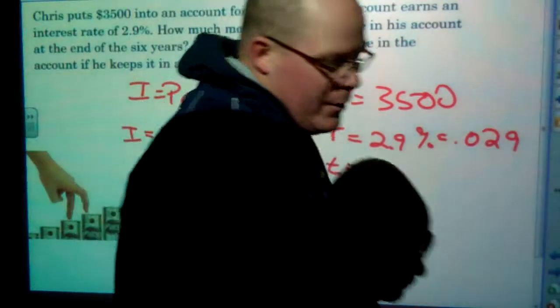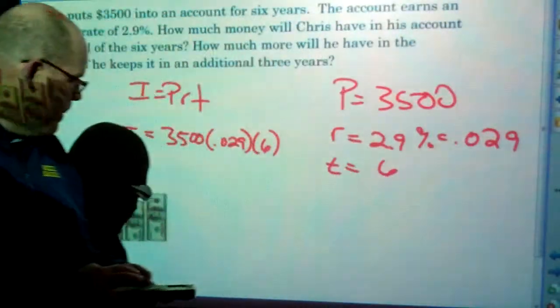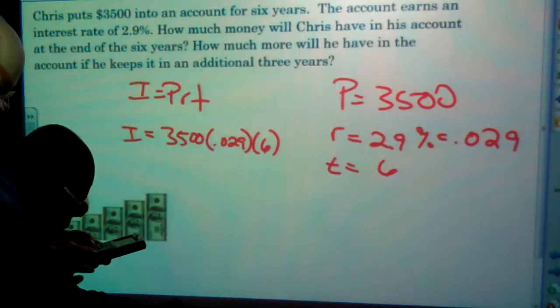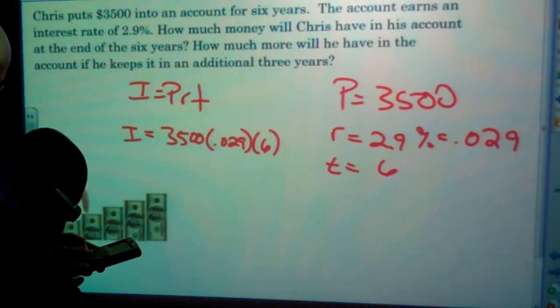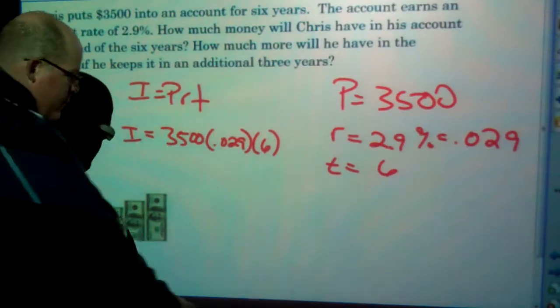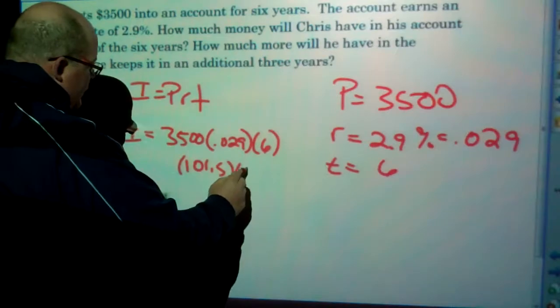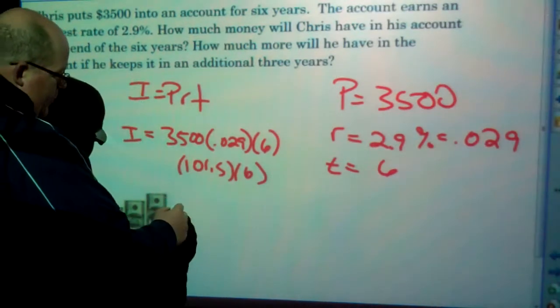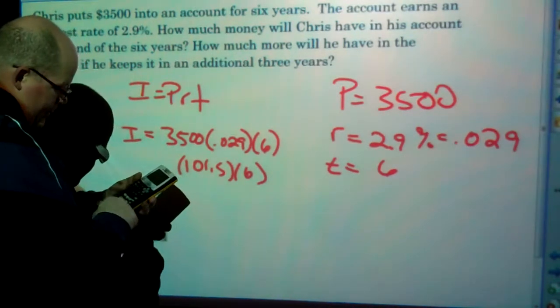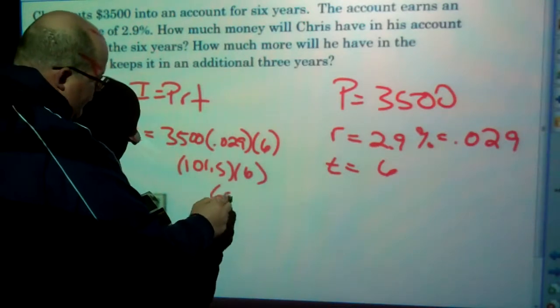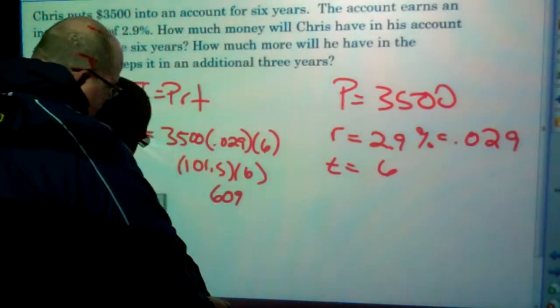Well, I can't do this one in my head, so I would use a calculator. 3,500 times 0.029 equals 101.5, times 6 would be $609, right?